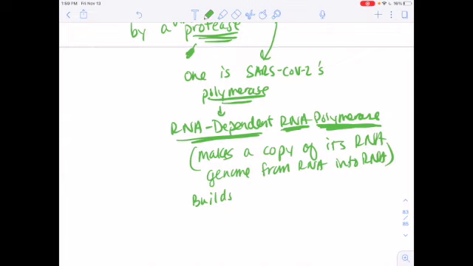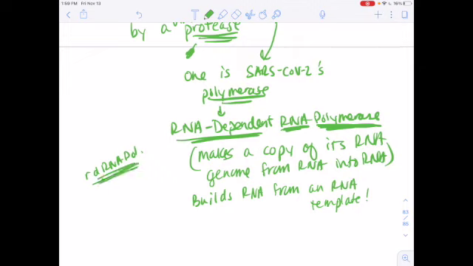It builds RNA from an RNA template. Wild stuff. So RNA-dependent RNA polymerase is often abbreviated RdRp. Anyhow, so that's a little bit of coronavirus right there.